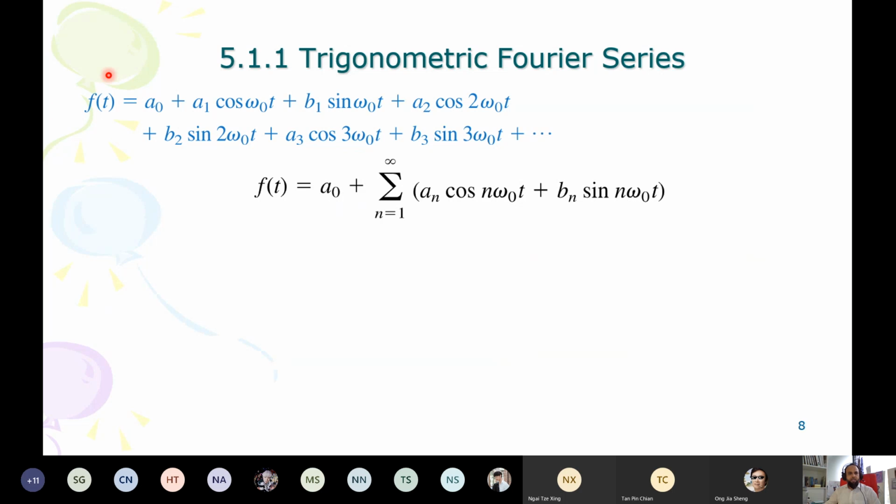We can also write it with a naught separate, and then from n equals 1 to infinity, a n and b n, with cos n omega naught t.